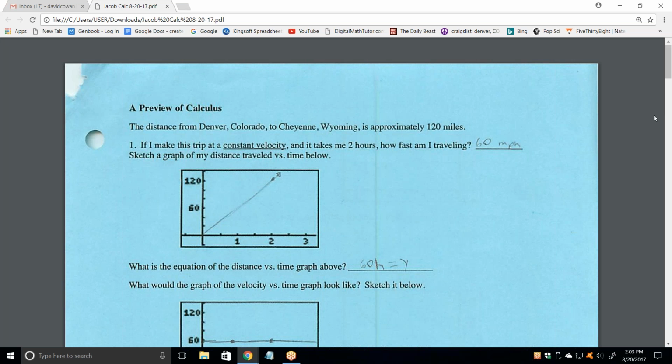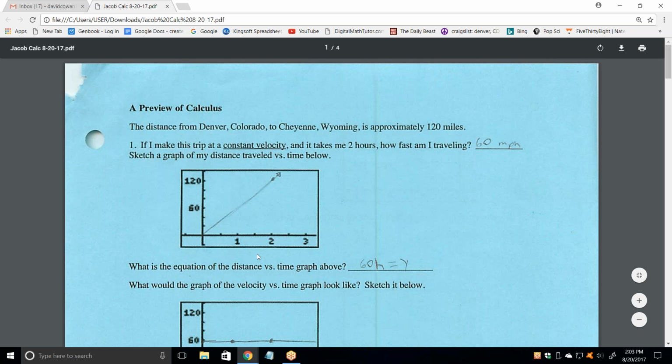there's the biggest difference between pre-calc and calc is that pre-calc always talks about average velocities. Okay? In other words, this question number 1 you did by rise over run, right? It's the slope of that line.